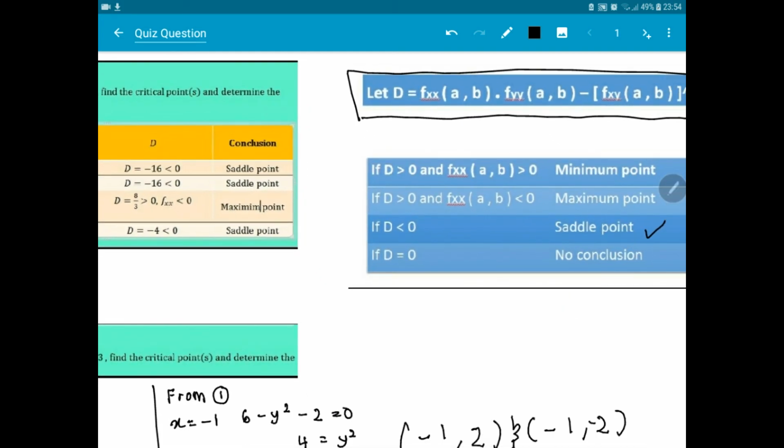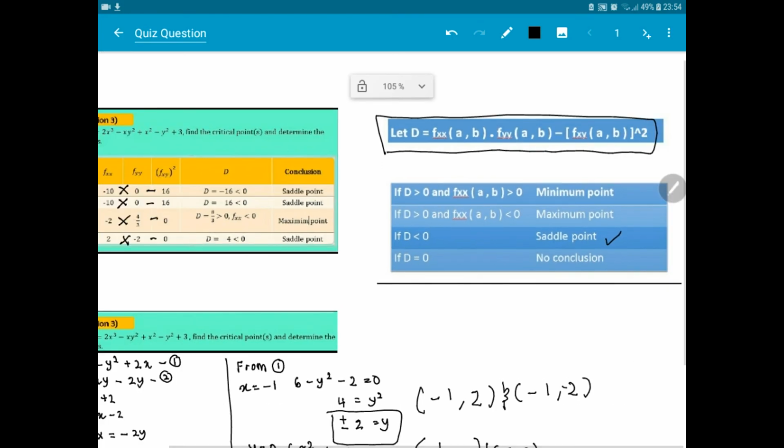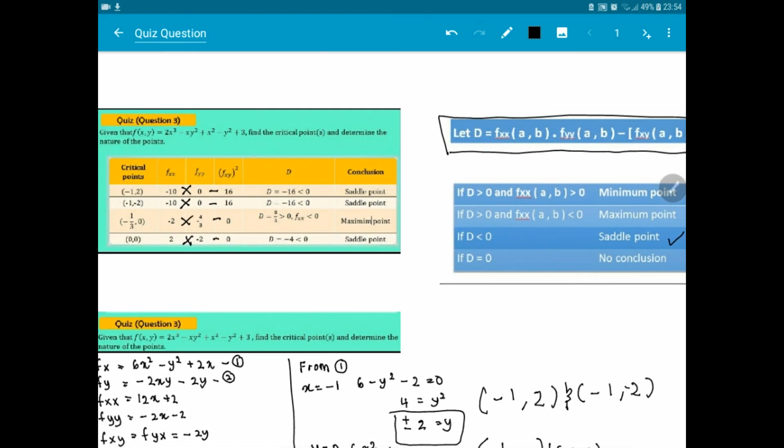When D is greater than 0 but fxx is less than 0, we can find the maximum point. And when D is less than 0, we can find the saddle point. So yeah, that's all. Thank you.